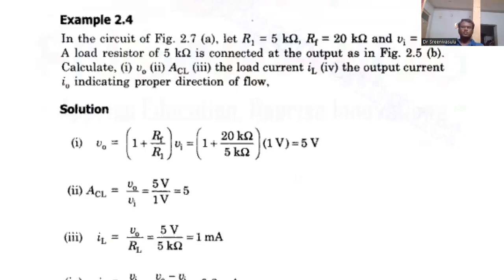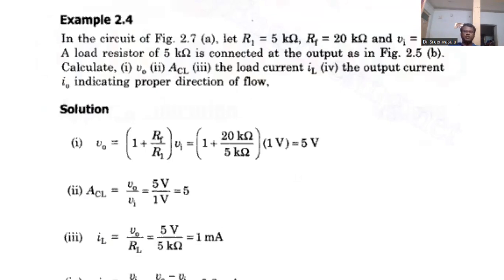See the circuit shown in the figure. R1 is equal to 5 kilo ohm, RF is equal to 20 kilo ohm, and Vi is equal to 1 volt. A load resistor of 5 kilo ohm is connected at the output as shown in the figure.